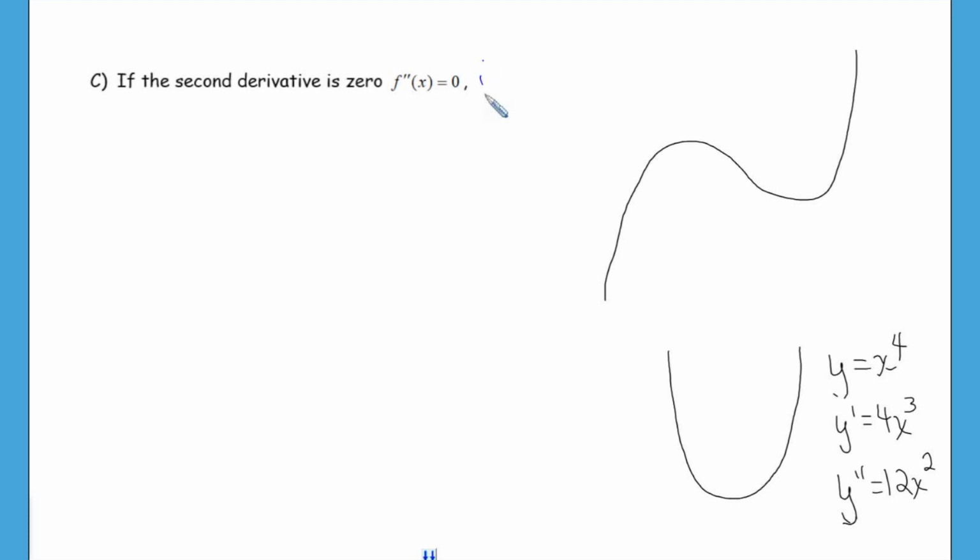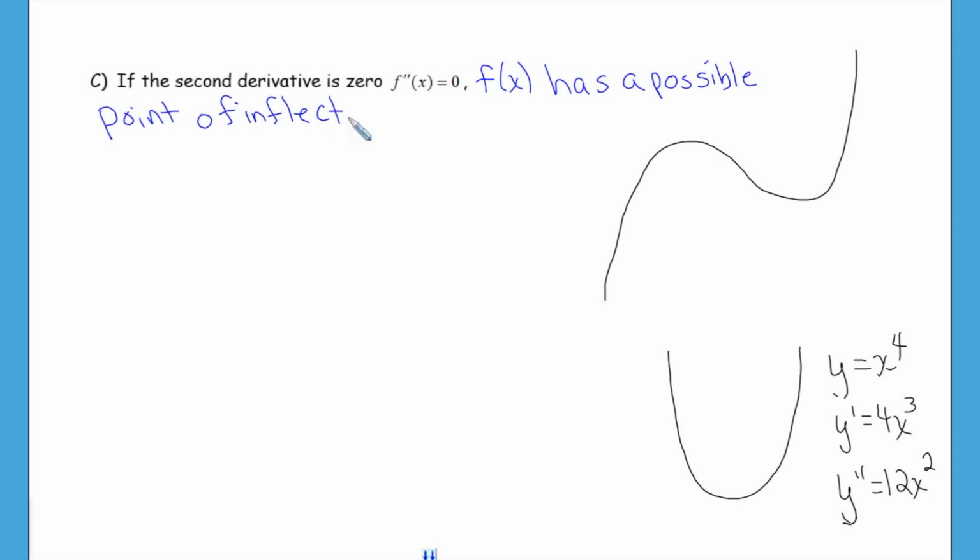Then f of x has a possible point of inflection. Possible point of inflection. And a point of inflection is where your concavity changes. So it doesn't mean you have one, it means you have a possible one, okay?